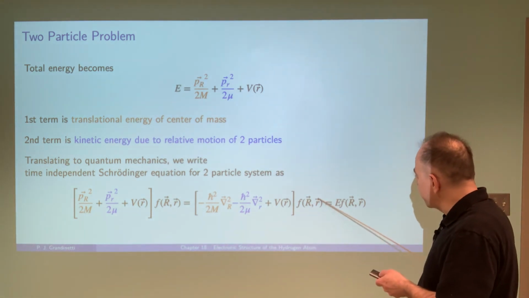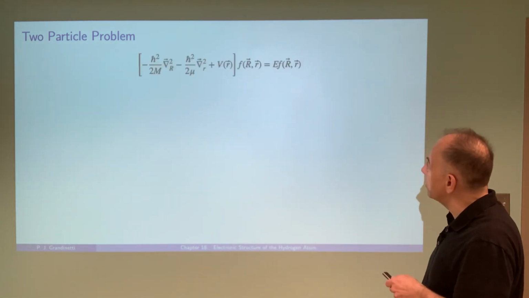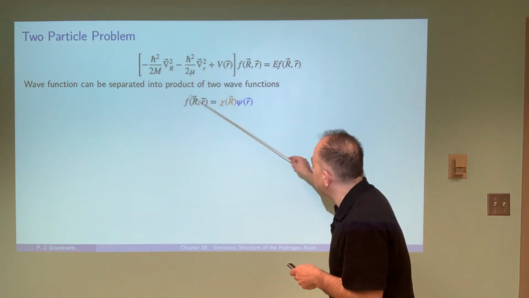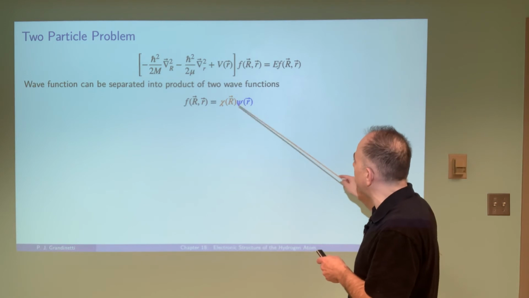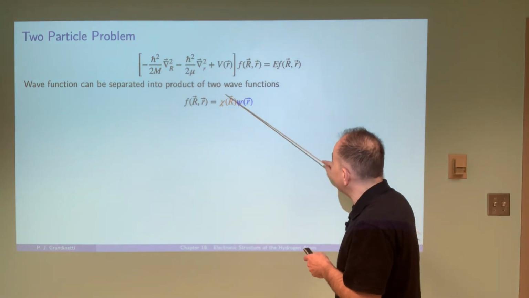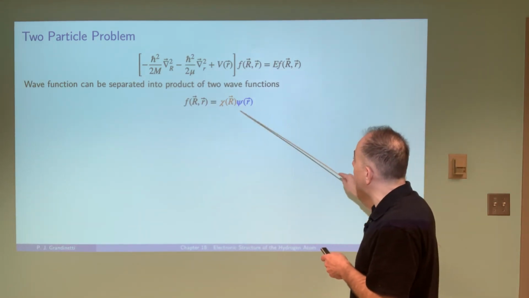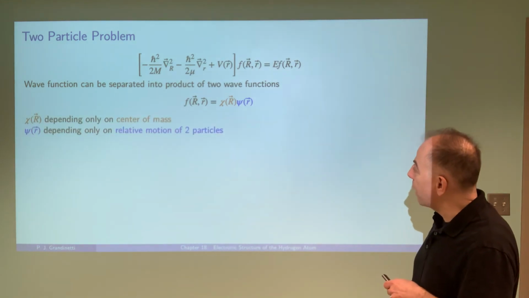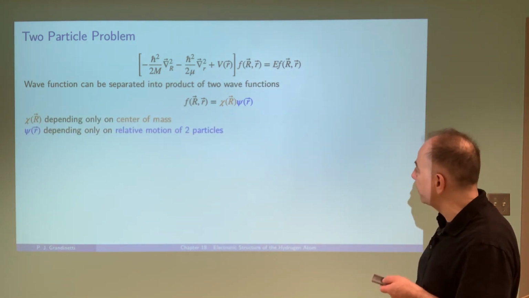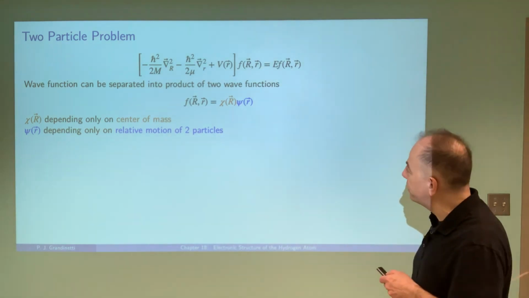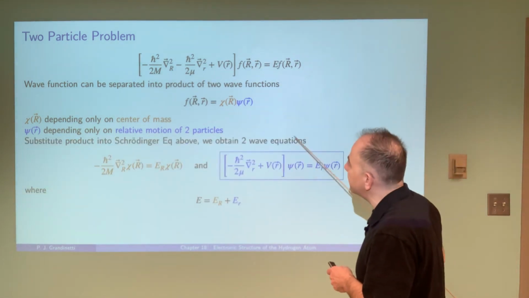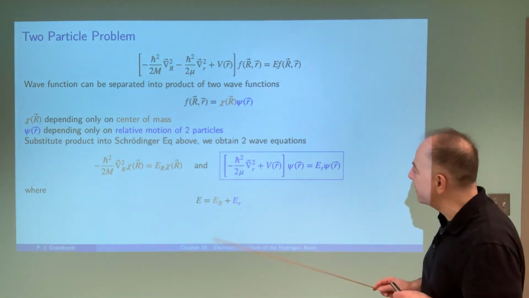This is our wave function here, and now what we're going to do is make a proposal for a solution, which is that the wave function will be a product of a part that depends only on the center of mass and a part that depends only on the relative motion of the two particles. We'll plug this guess into our wave equation, and I'll leave out the steps here because we've done this many times.